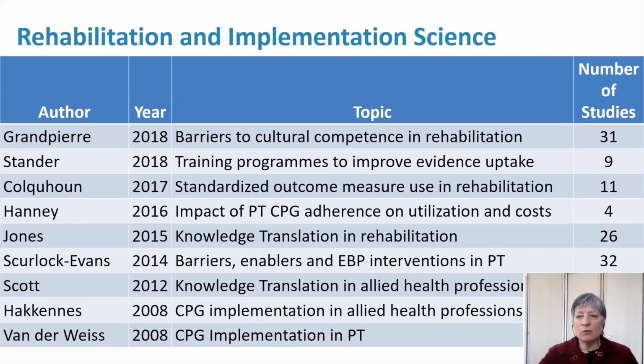And I have informally collected a few here to try and just visualize what's going on in rehab right now. We can see several systematic reviews, some in the areas of barriers and facilitators, as would be expected, some in the area of using standardized outcome measures, and then knowledge translation and CPG implementation and adherence.